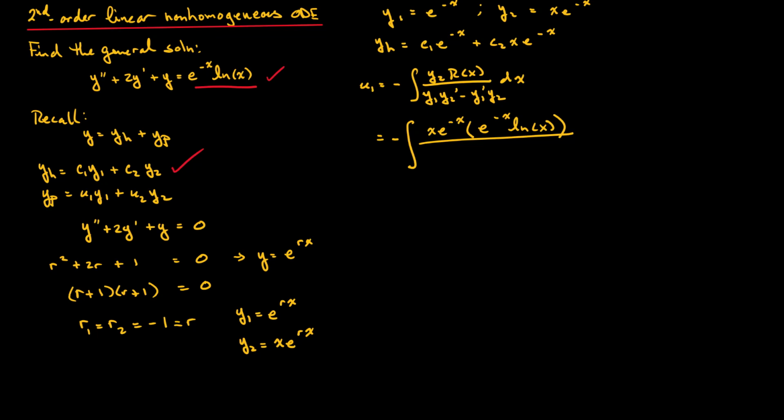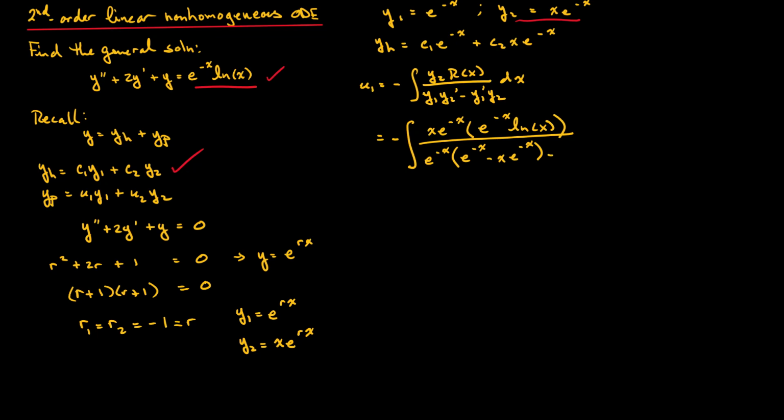So this will involve a bit of calculus, but it's not too bad. So y1 is e to the negative x. Now y2 prime, so we need to take the first derivative of y2, which will involve the product rule. So this gives us e to the negative x minus x e to the negative x.